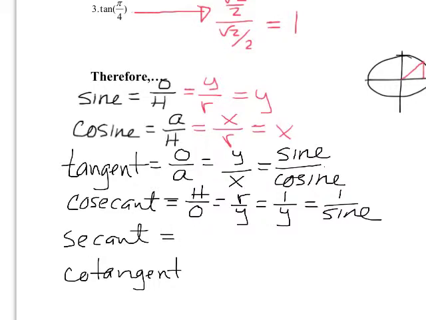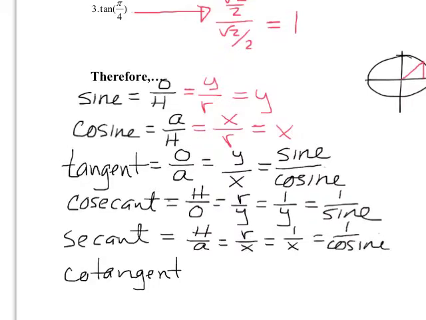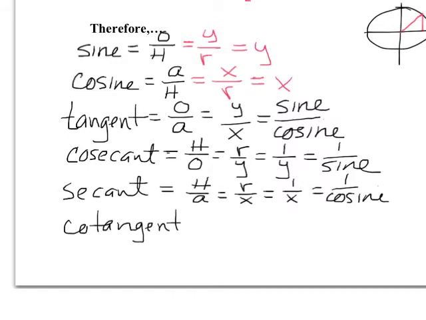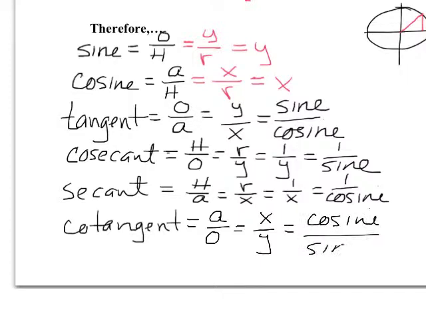Secant would be, pardon me, not adjacent, it would be hypotenuse over adjacent, or r over x, or 1 over x, or 1 over cosine. And finally, cotangent would be adjacent over opposite, or x over y, or cosine over sine.